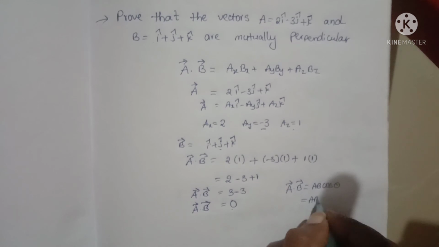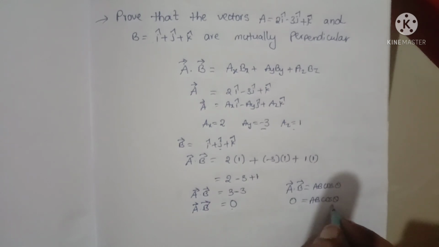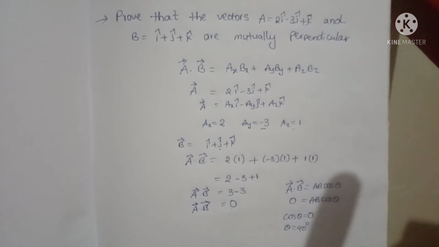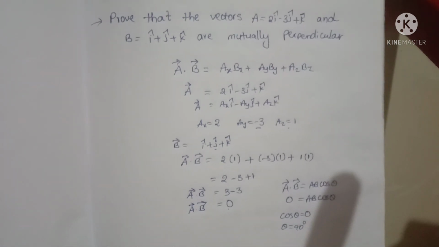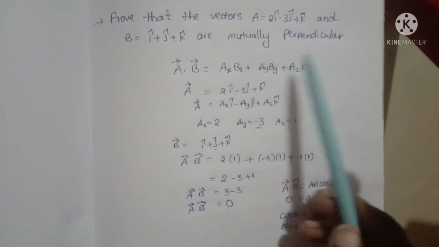Here the value is 0, so cos theta equals 0, and that angle is 90 degrees. Already you know the special cases of dot product: when the angle between the two vectors is 90, the dot product becomes 0. So these two vectors are mutually perpendicular.